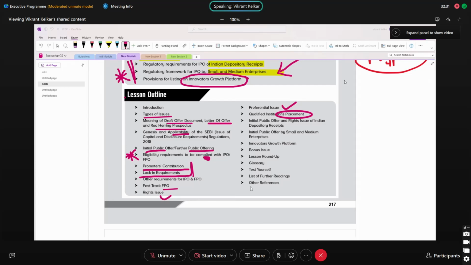The buyer, the person, individual or group of investors. They are QIBs, and the way to allocate funds to QIBs is called QIP, Qualified Institutional Placement. ये हम आराम से बाद में देखेंगे. आगे चलो. Then innovators growth platform, small and medium enterprise, bonus, and lastly the lesson roundup.